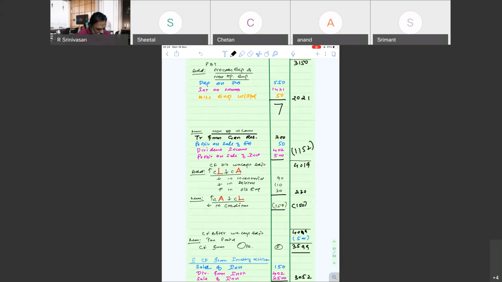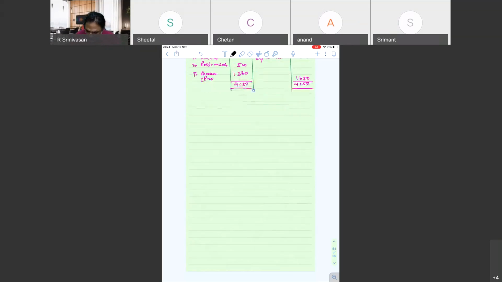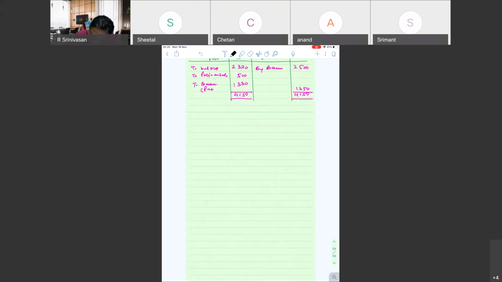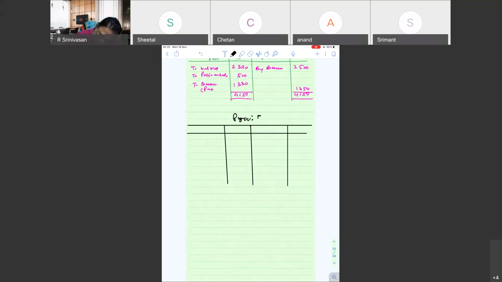Because see here, I'll make the provision for tax account. Why that cannot happen, I'll tell you. This is the provision for tax account. Particulars, rupees.